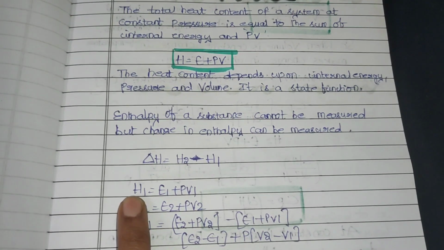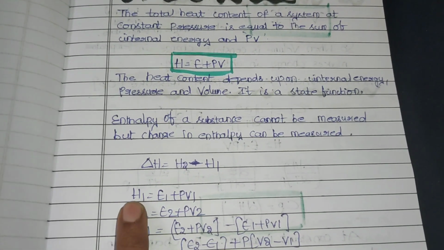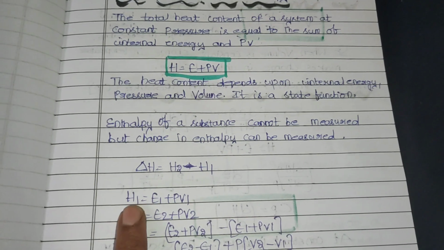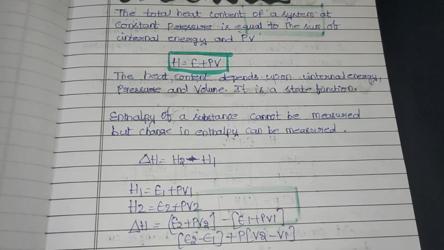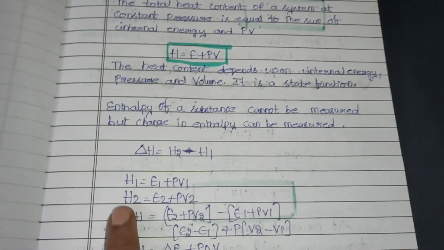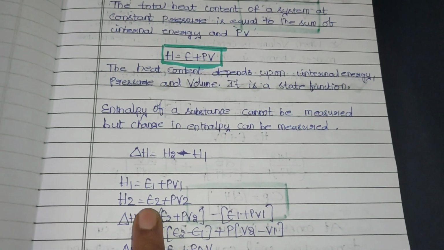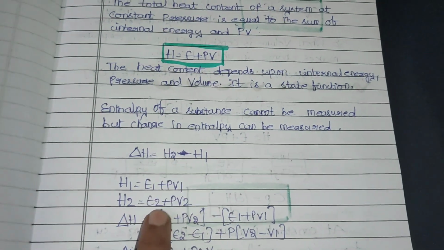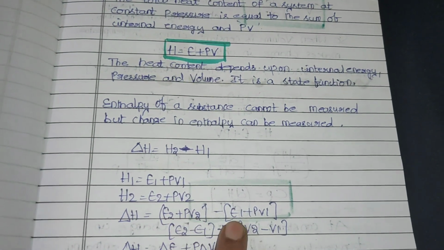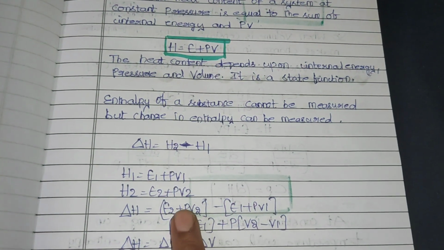H1, the total heat of the system in the initial state, is equal to E1 plus PV1, and H2 is equal to E2 plus PV2. So delta H, we just substitute there: E2 plus PV2 minus E1 plus PV1.